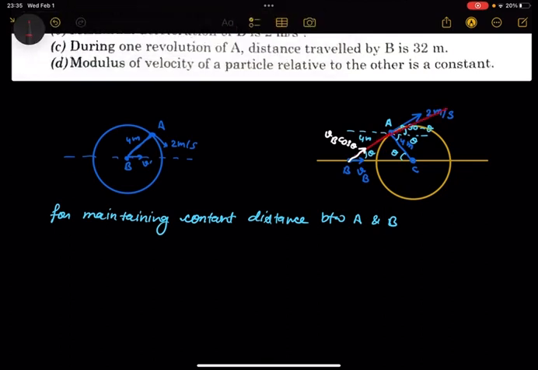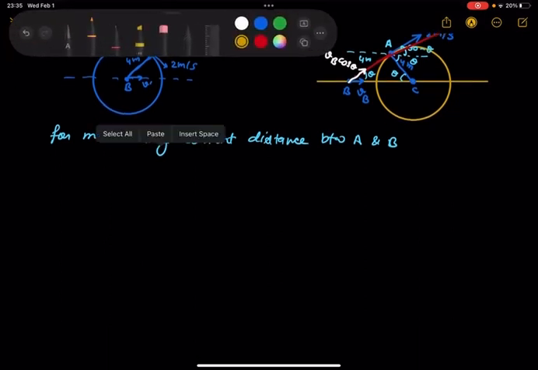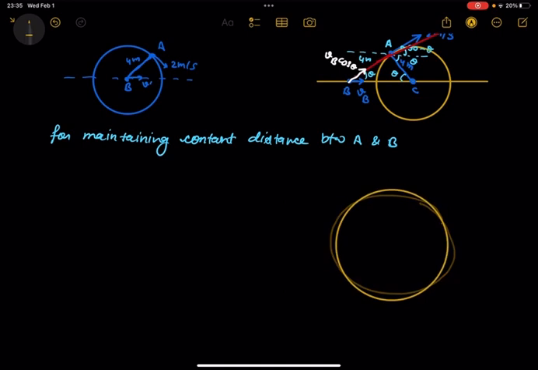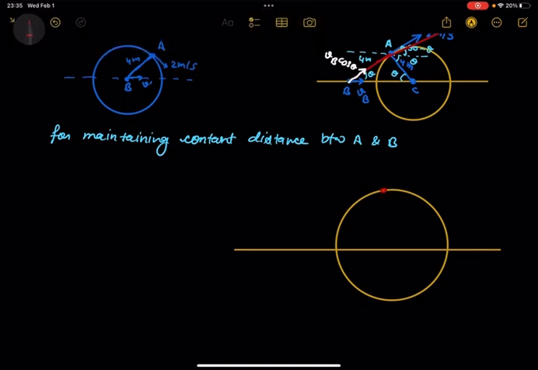So for better understanding, I clarify again. Suppose this is a circle and this is a diameter line. There is a line joining A and B like this.